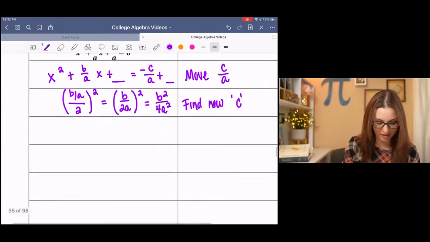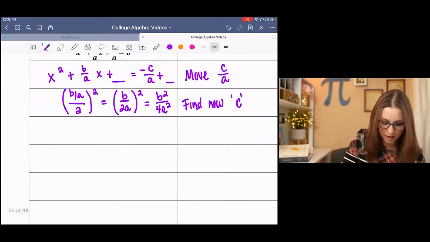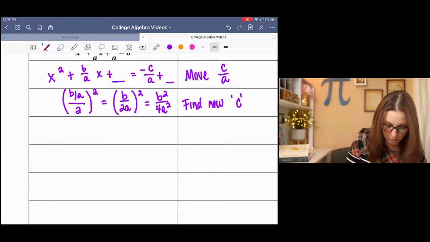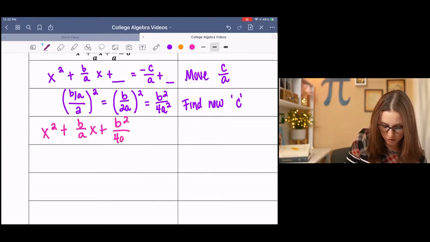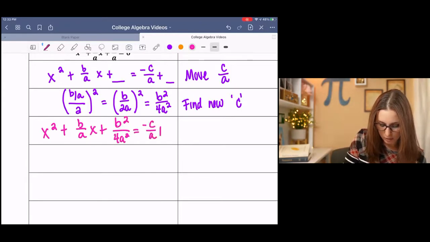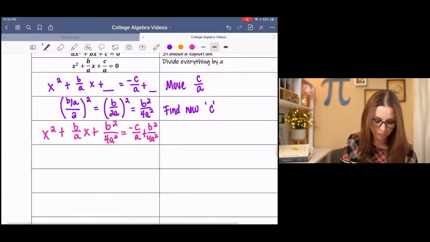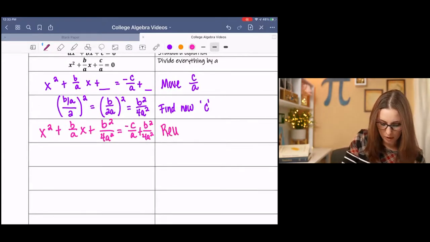I just love this. I'm going to rewrite my now perfect square trinomial, x squared plus b over a x plus my new c value. And then I have my right side, negative c over a, plus my new c value. We are rewriting our trinomial.